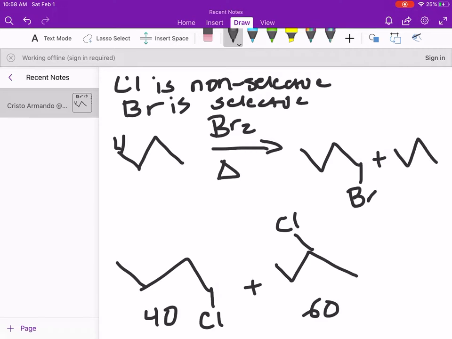Where this bromine on the right is going to have 98% yield, and the bromine on the left is going to have 2% yield. In that sense, bromine is more selective and going to choose the more substituted carbon, which would be carbon right here, as opposed to the primary carbon right here.